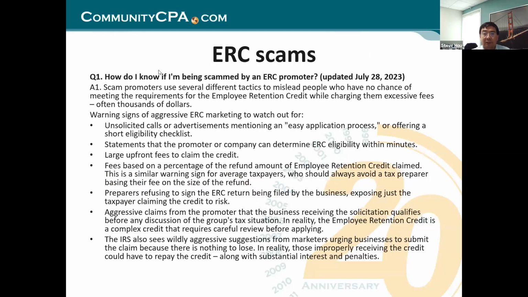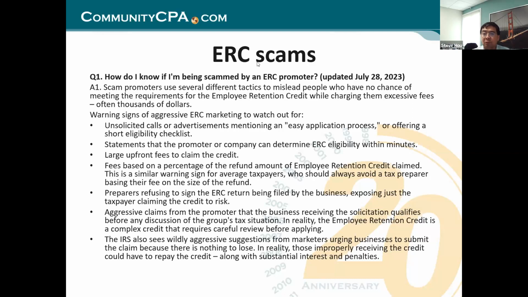All right, IRS has been warning taxpayers about ERC scams, so you should exercise your due diligence. Try to determine on your own whether you're eligible or not. Don't be fooled by whoever is telling you that you are eligible.